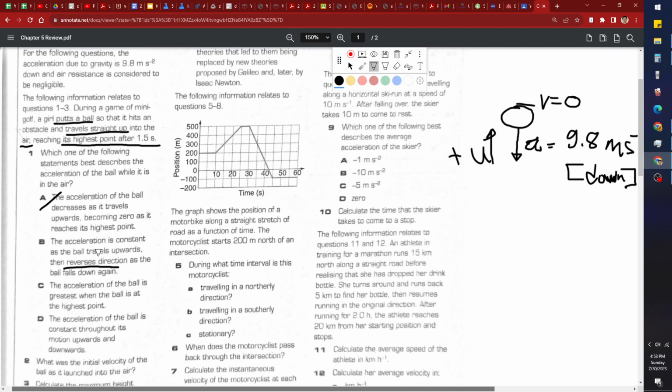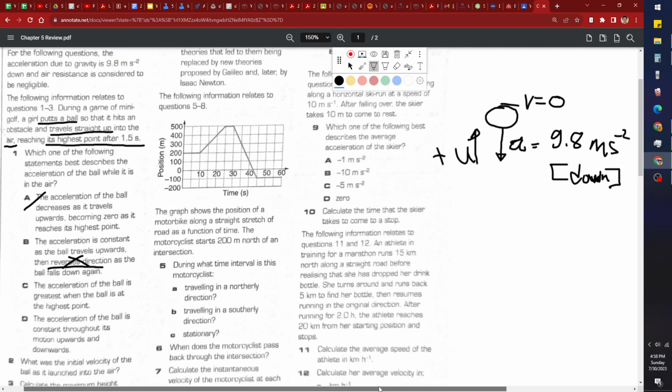Okay. The acceleration is constant as the ball travels upwards and then reverses direction. Reverses direction? That's not right, because not only is the number the same, but also the direction of the acceleration is always constant and the same too. So it's not B. The acceleration of the ball is greatest when the ball is at the highest point. Greatest means it must have less acceleration at some point during the time it travels up in the air.